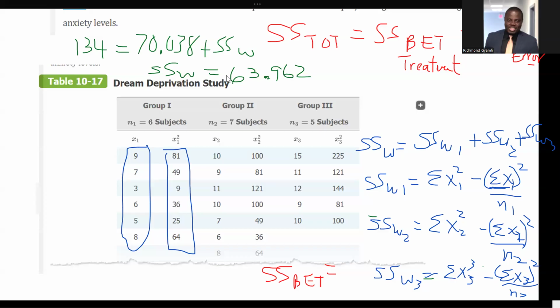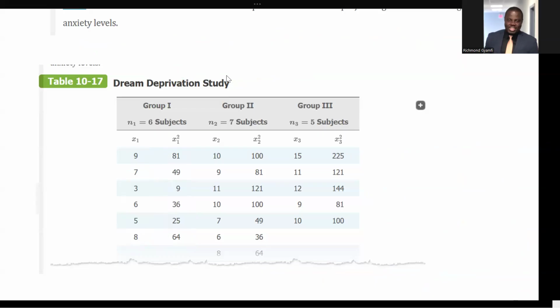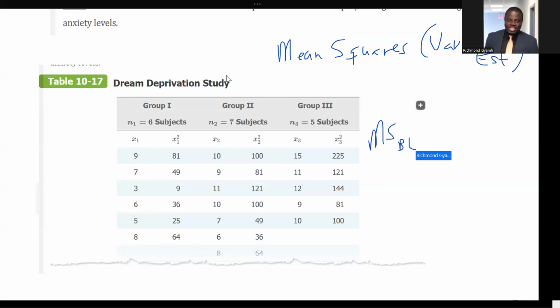MSbet is SSbet over degrees of freedom for BET.